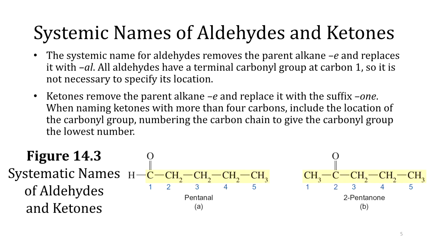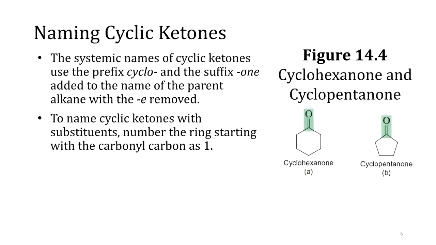So here, for example, here's a 5-carbon chain, and so this would be 2-pentanone since the carbon is oxidized at the 2 position. If it's a 4 or 3 carbon ketone, we don't need to specify the position. And the 2-carbon system, of course, is ethanal or acetaldehyde, so there's no ketone for that.